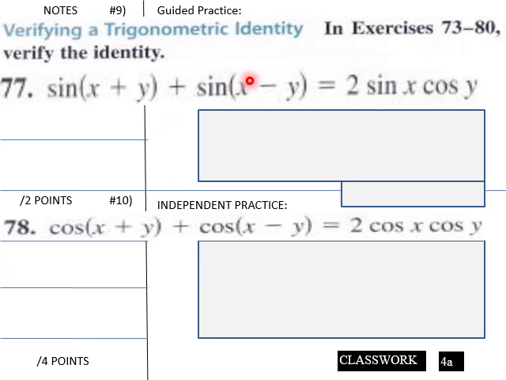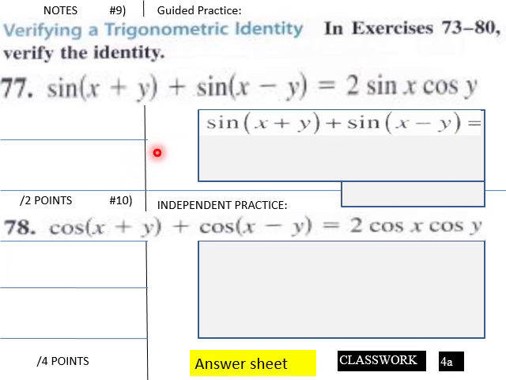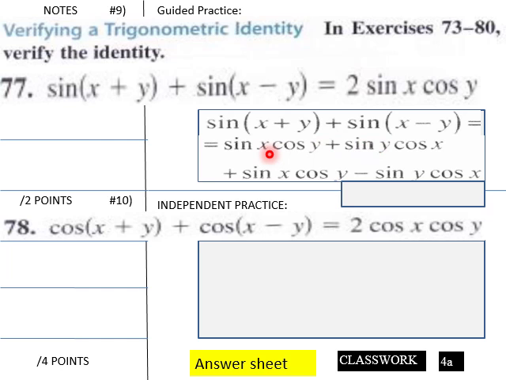Okay, so let's try one now. Verify the identity. We want to verify that these expressions are equal, and the same thing down here. Again, we go from our sum and difference formulas to derive these. Sine of x plus y plus sine of x minus y equals sine x cosine y plus sine y cosine x, plus sine x cosine y minus sine y cosine x.